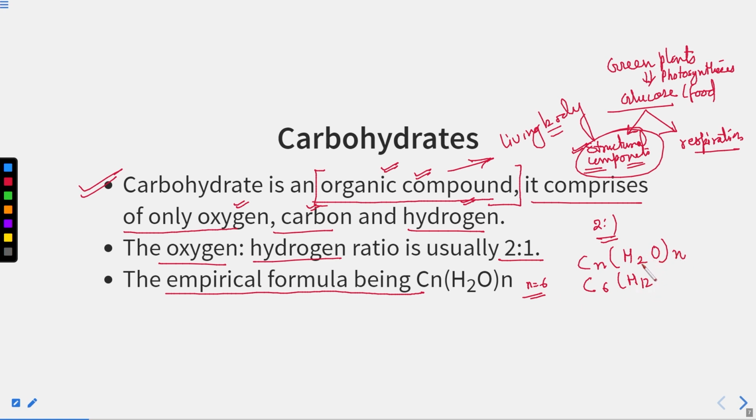So 6 will be multiplied by 2, then it will become C6H12, and O6. In the same way, if you write n as, let us say, 5, then C5H10O5, right? So in this way you can write the formula of different carbohydrates. Okay.